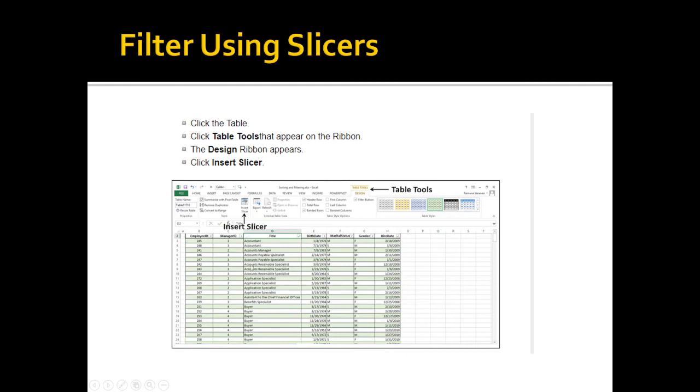Click the table, then click the table tools. So we have here table tools. The design ribbon appears, and then click on Insert Slicer.